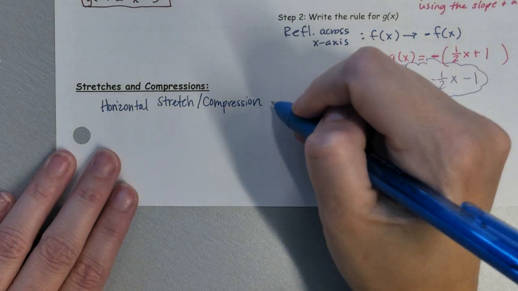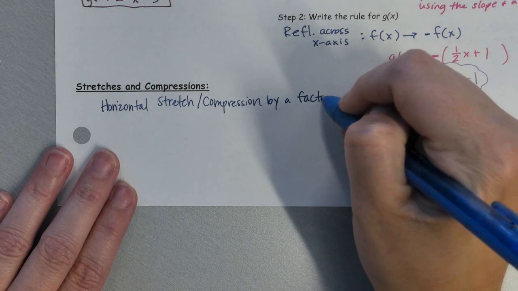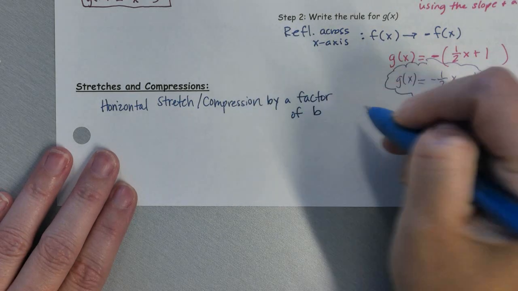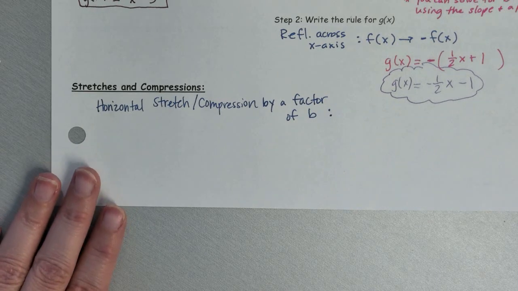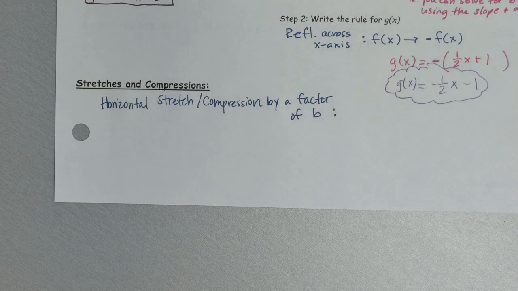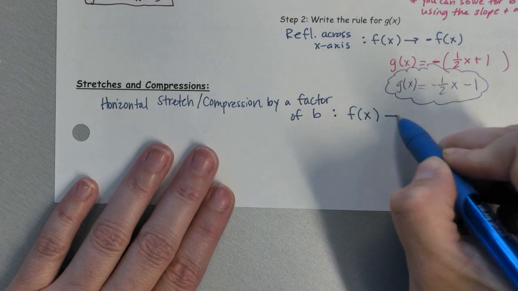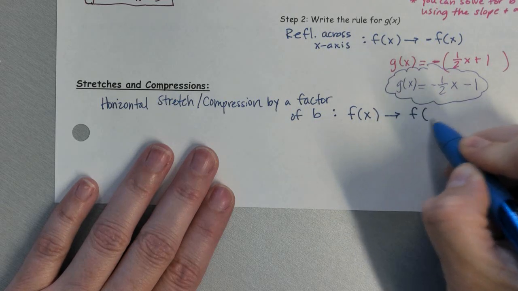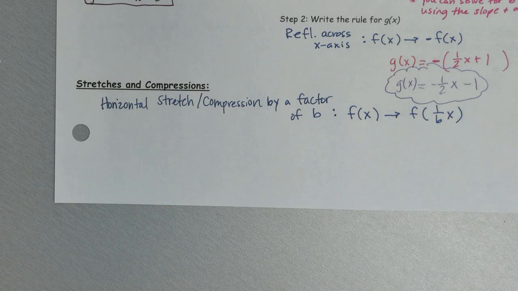And this is by a factor of b. So for the horizontal stretch and compression, the factor is going to be b, and you start with f of x, and it becomes f of 1 over b x. So f of 1 over b x.